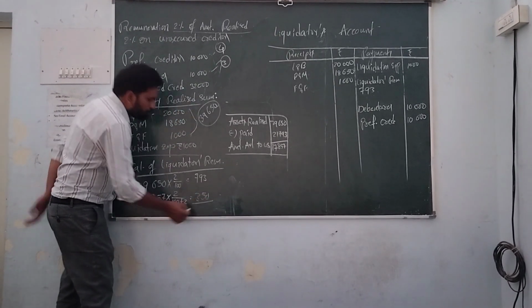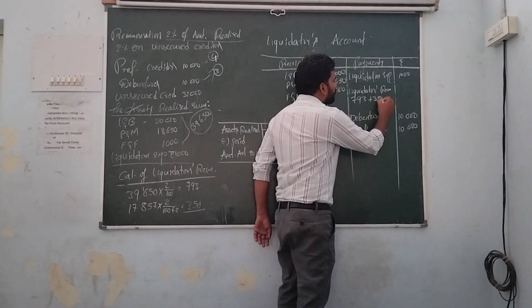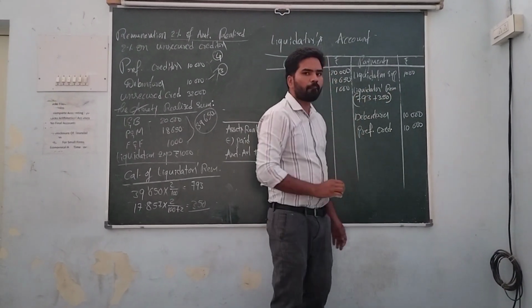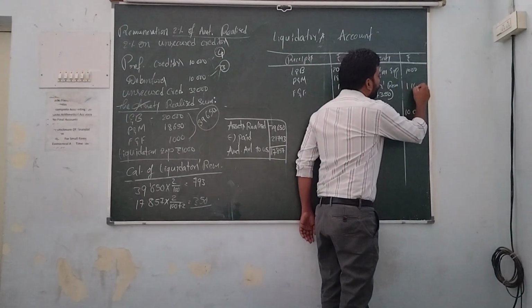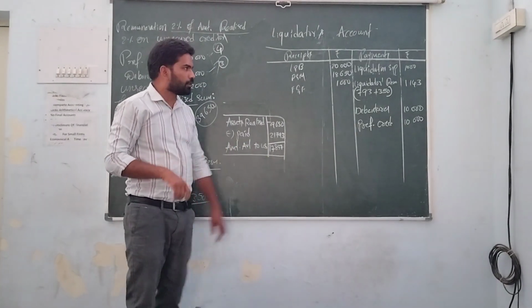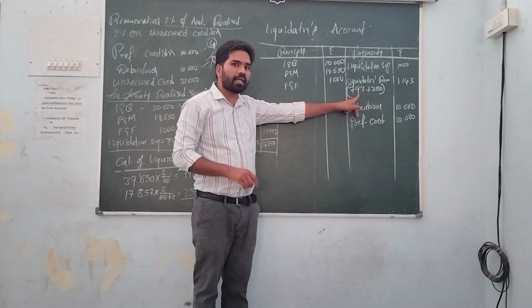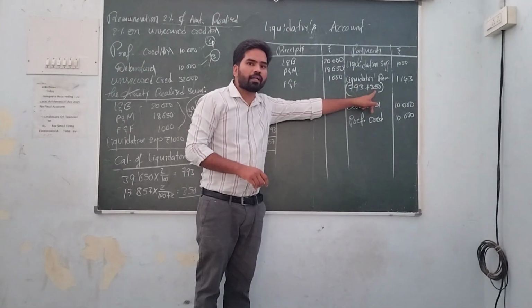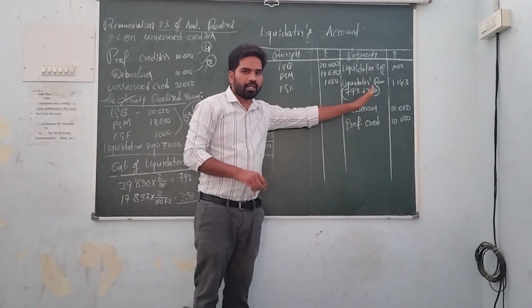So the total remuneration to the liquidator is 793 plus 350 equals 1,143 rupees. One remuneration is calculated on the assets realized, and this one on the amount available to unsecured creditors.